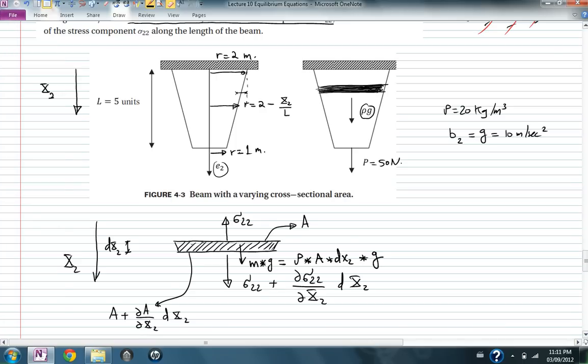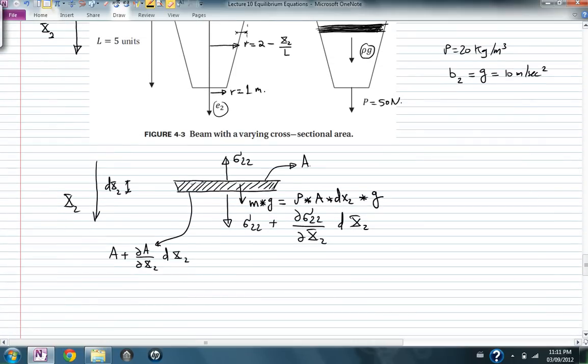Before we continue, I already have an expression for A. What I'm looking for is what is sigma 2,2. Before I solve for sigma 2,2, I'm just going to write the expression for A. A is equal to pi r squared, and r is equal to 2 minus x2 over L squared.